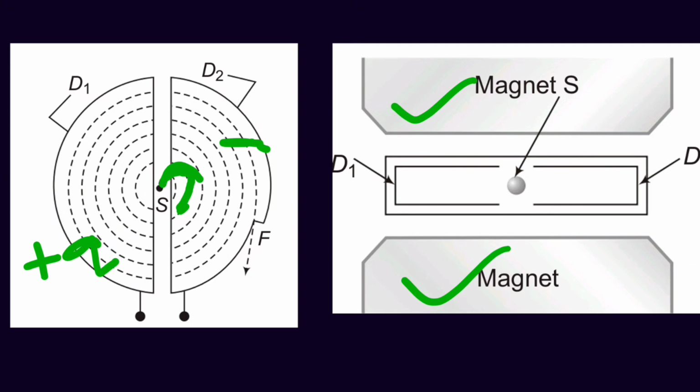Due to the influence of this magnetic field, the charged particle bends. Now when it crosses to D1, the oscillating potential inverts. This means D1 becomes negative.